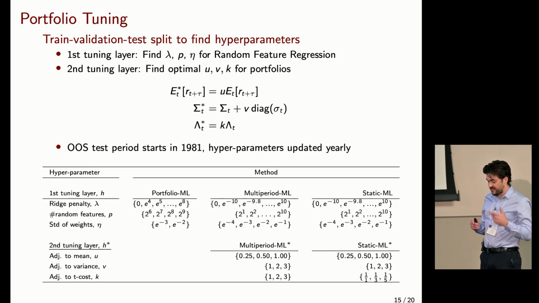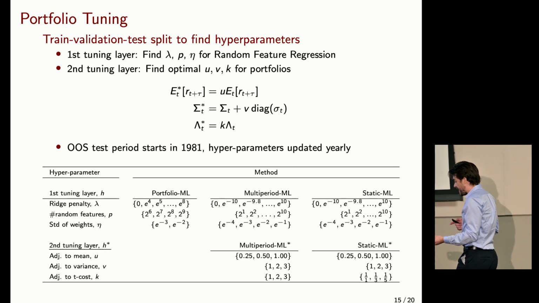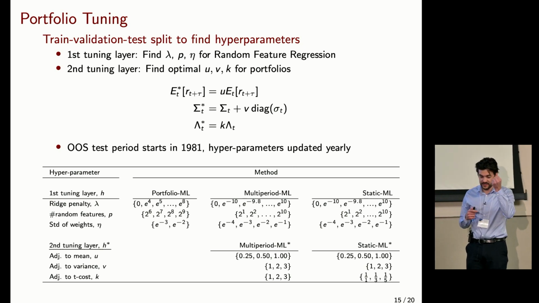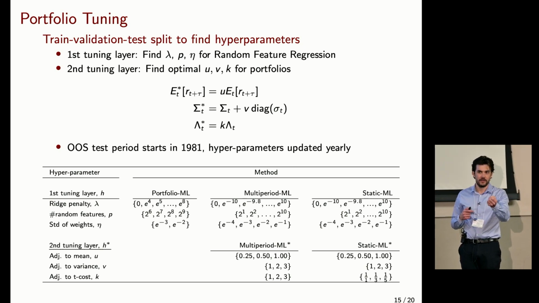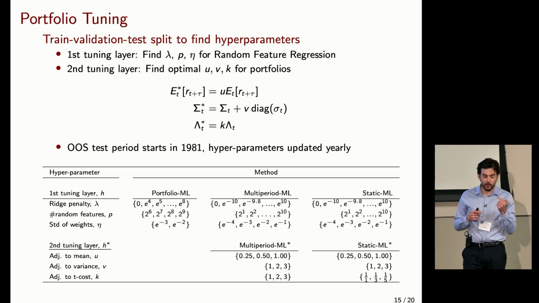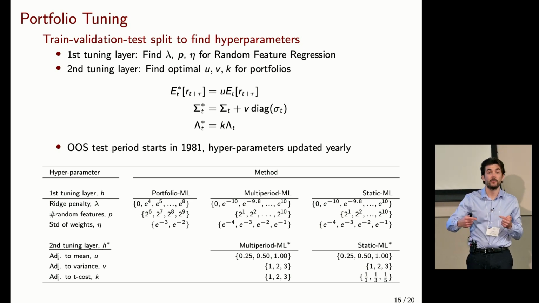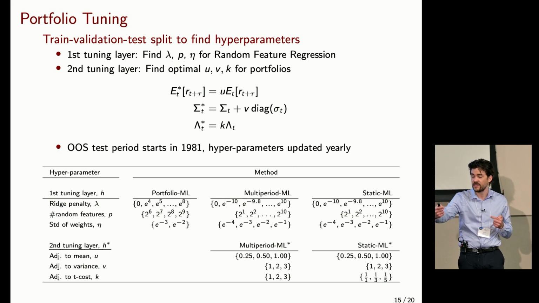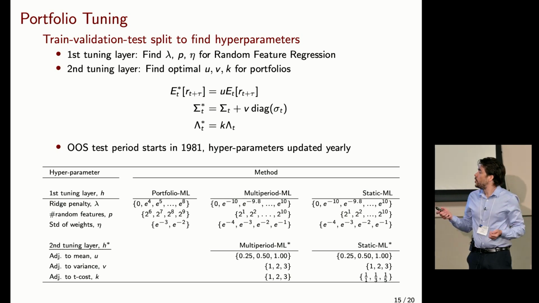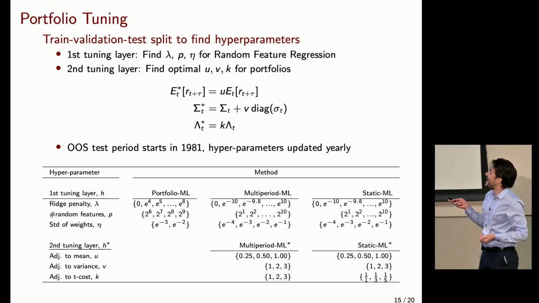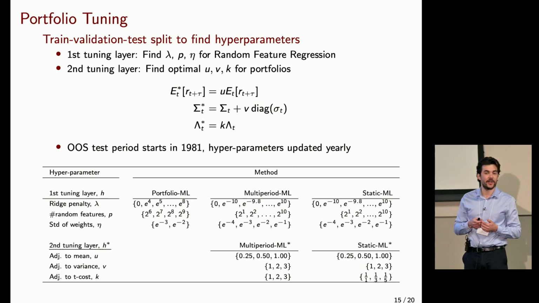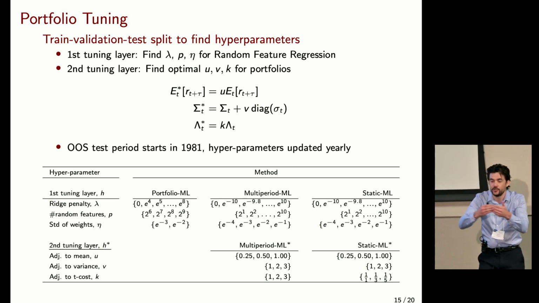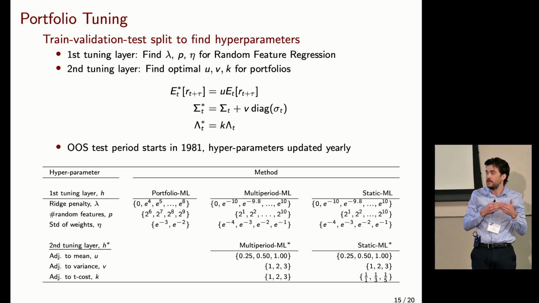Now, as I said earlier, we do find that if we're just implementing, for instance, this static ML method using our optimized inputs, then out of sample, it will tend to take on too much risk, and as a result, produce negative utility. So what we do is add a second tuning layer to force these methods to take less risk out of sample.